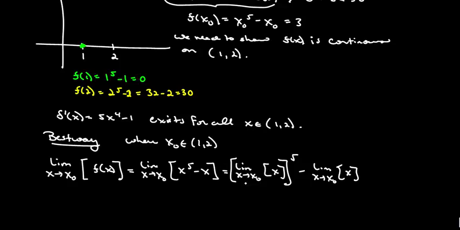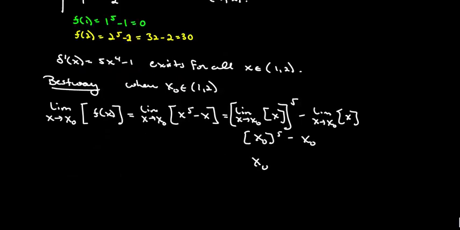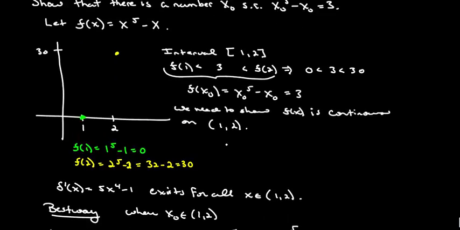And we've already proven that this guy is x naught, so this will be x naught to the fifth minus, using our limit laws, just x naught. So this gives us x naught to the fifth minus x naught, which is equal to f evaluated at x naught. And since the limit is equal to the function, we know it's continuous.